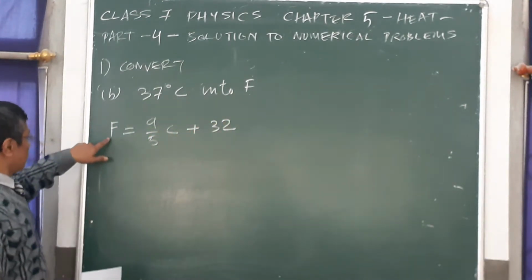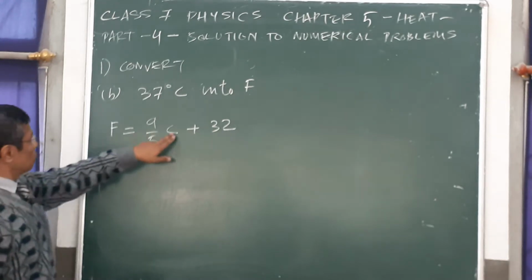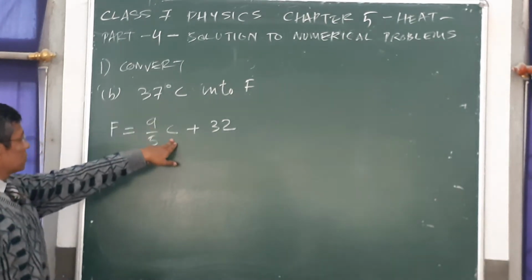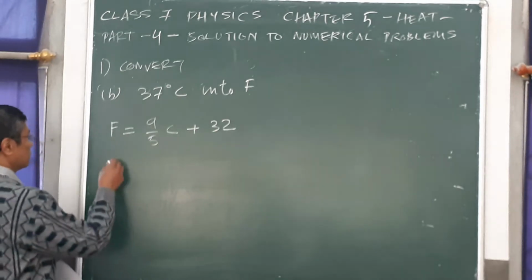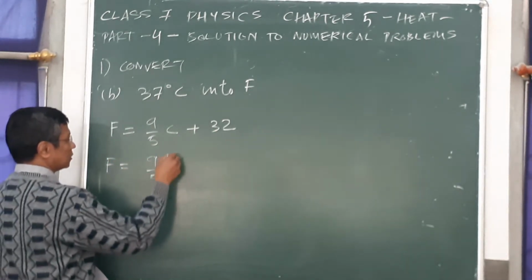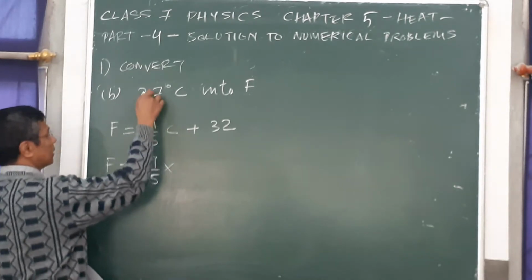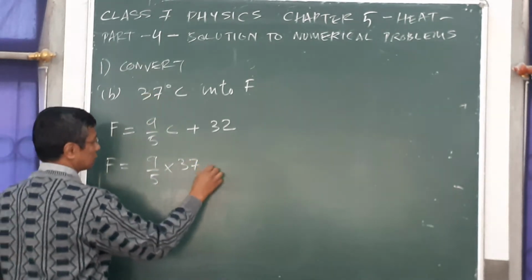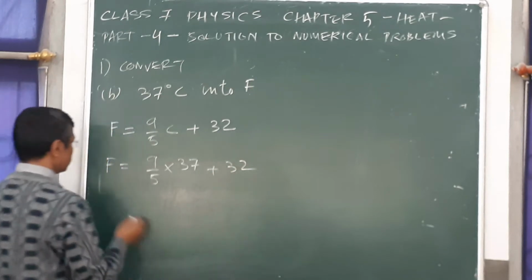So here we put the value of Celsius scale in place of C and we do the calculation. So you can see F is equal to 9 by 5 multiplied by C. The value is 37 degrees. So we'll write 37 plus 32.